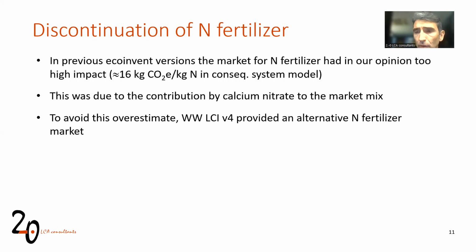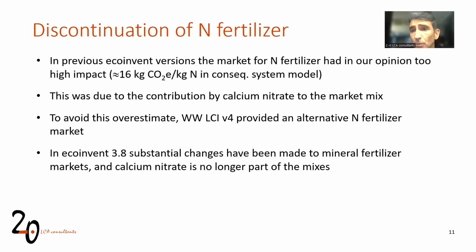And in order for the model to give a more accurate, in our opinion, contribution of nitrogen, so whenever, for example, you send wastewater sludge to agriculture, you will have a nitrogen credit. So instead of linking to the ecoinvent dataset, what we did was to provide our own alternative nitrogen fertilizer model in the tool.